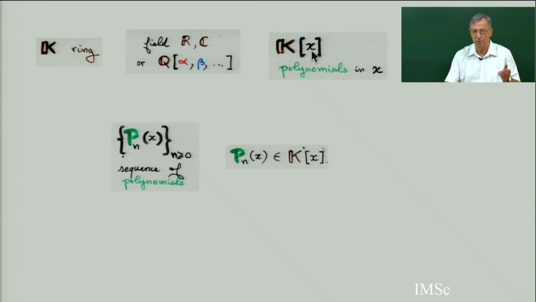This is the variable for the polynomial. The parameters will be formal, maybe q, usually an integer or a rational number, or anything you want. So I will take a sequence of polynomials in one variable, with coefficients in the ring k.